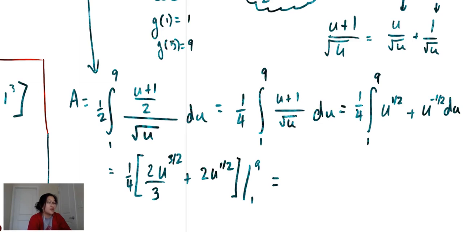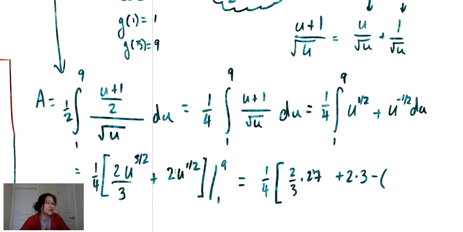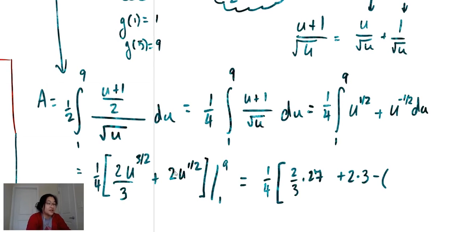We get 1/4 times 2/3 times 9 to the 3/2, which is 3 cubed is 27, plus 2 times root 9 is 3, minus parentheses, 1 times 2/3 is 2/3, plus 1 times 2 is 2, and there we go.